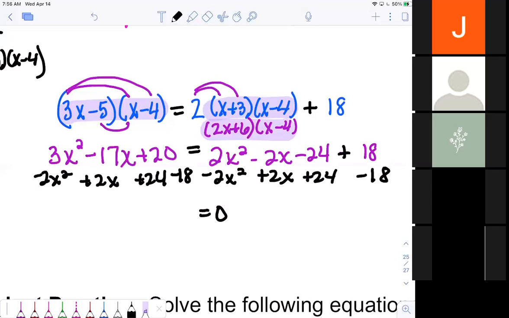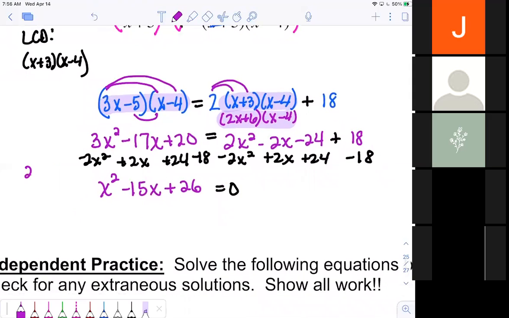And Ella, I'll give you a couple of seconds here. When you combine all your like terms, let me know what you get. I got x squared minus 15x plus 26 equals 0. Nice job. So Ella, after all of that moving terms, the last part to solve this is what? Factor it. Yeah, so we're looking at 26.